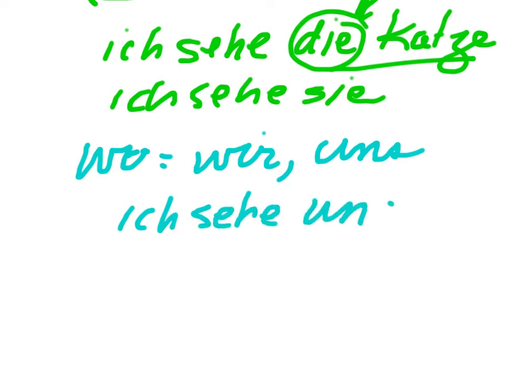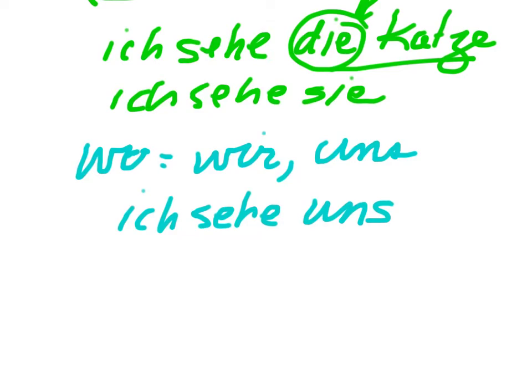I see us. Ich sehe uns im Spiegel. I see us in the mirror. All right? So we becomes wir, and then uns, U-N-S. I don't think that's spelled very nicely on this program. Uns. Ich sehe uns. All right? Everybody got it? Moving on to you plural, formal and informal.